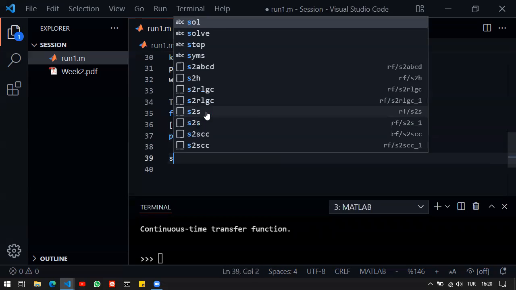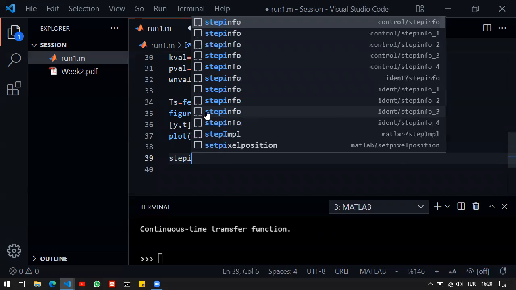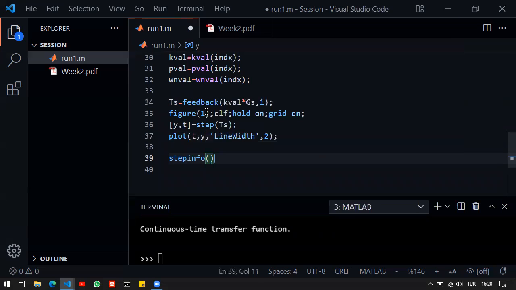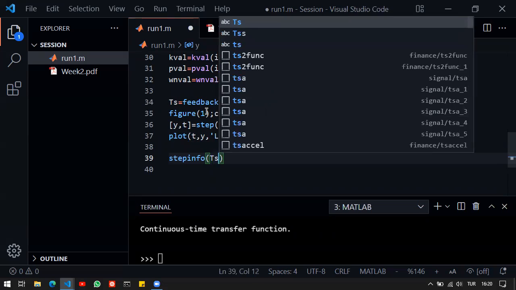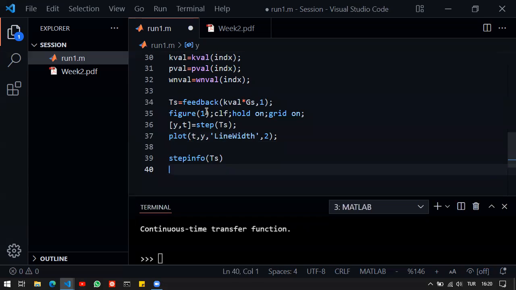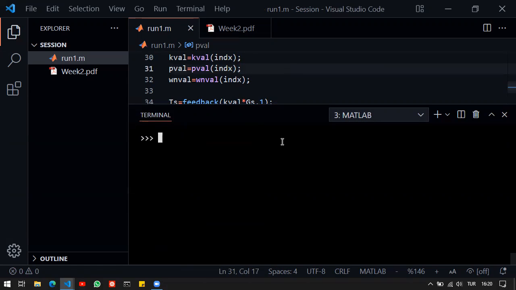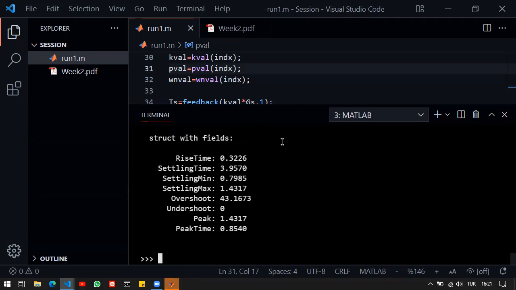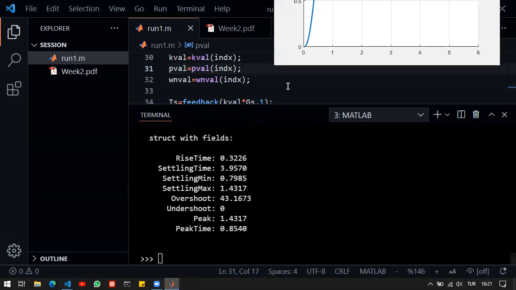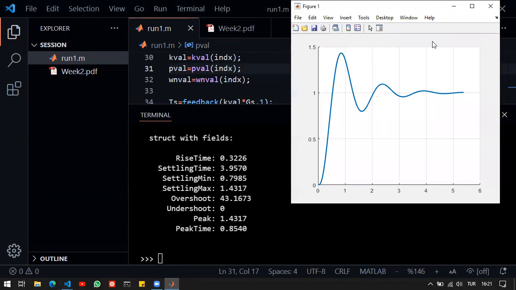That's it. Now I can also use stepinfo, which gives me the information that I'm basically looking for. And it can calculate the overshoot, the settling time, etc. So let's see how it looks. Now, there we go.